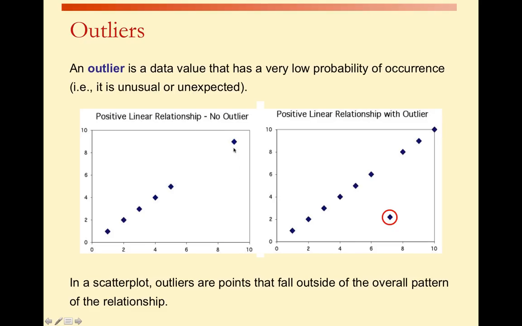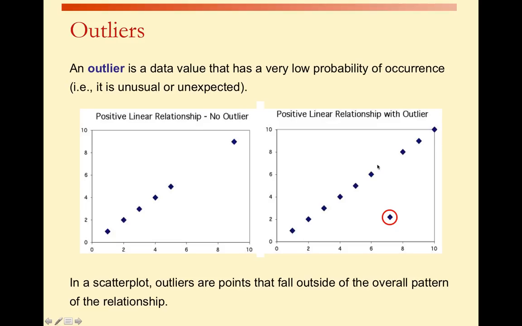An outlier is something that is an unexpected or unusual point, or something that has very low probability of occurrence. In other words, we really don't think that would happen very often, or even at all. And it's a little bit of an art to detect these things, but on a scatter plot, usually you just see a point that seems unusual, like this.